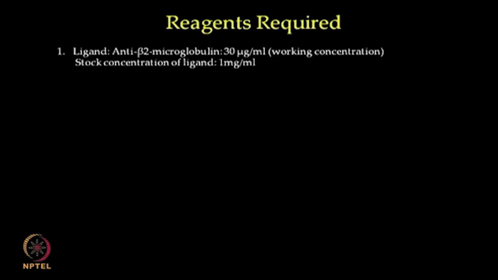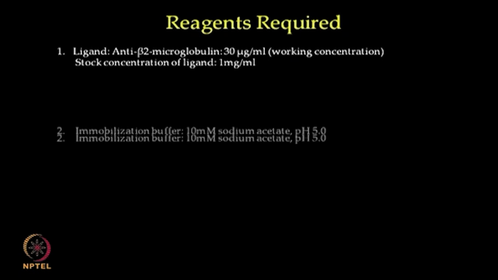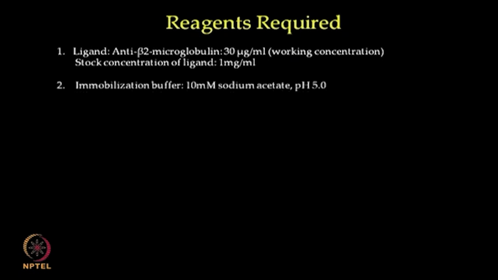We prepared a working concentration of 30 microgram per ml of beta 2 microglobulin antibody from a stock concentration of 1 mg per ml using an immobilization buffer of 10 millimolar sodium acetate pH 5.